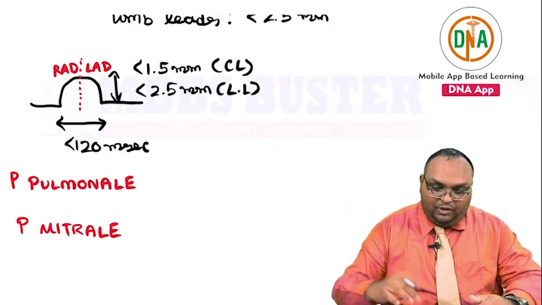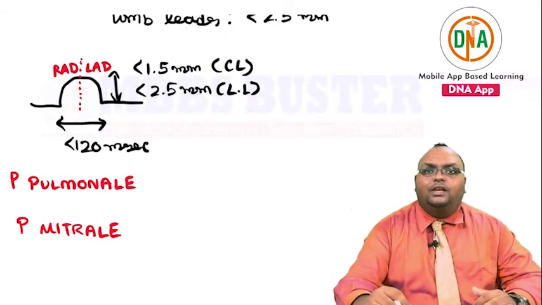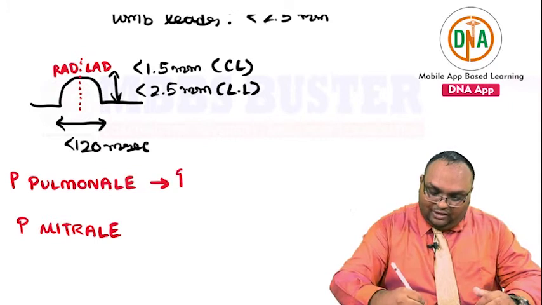Right. So why is it called P pulmonale? Because it is seen in patients who have pulmonary arterial hypertension.